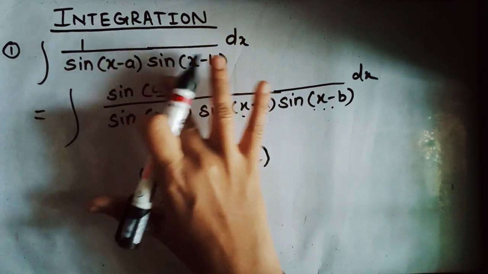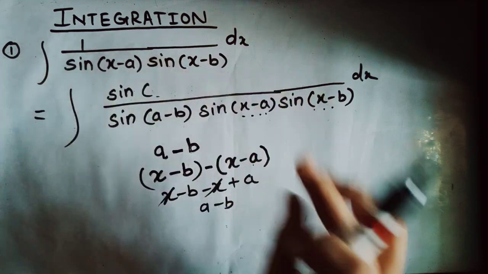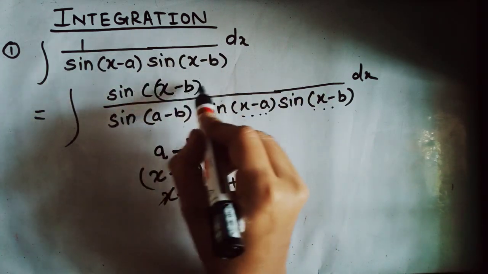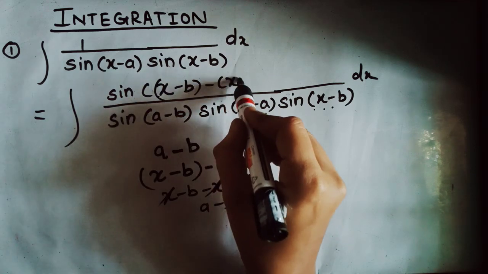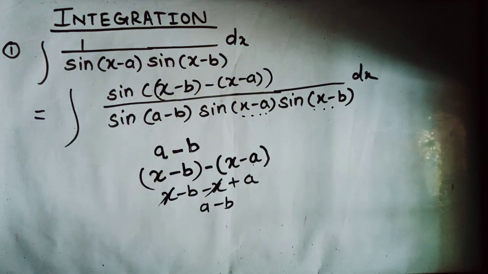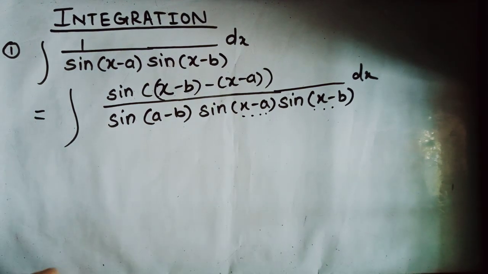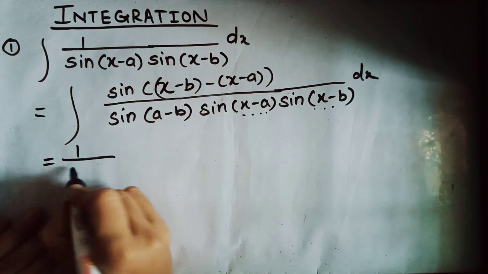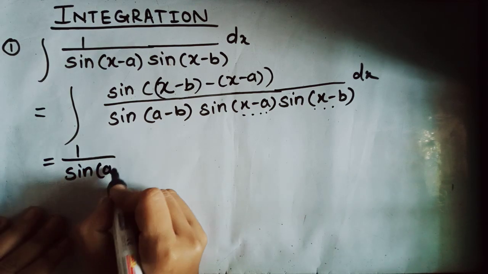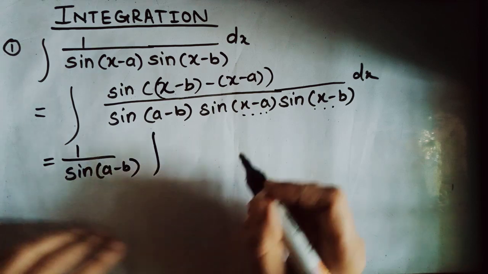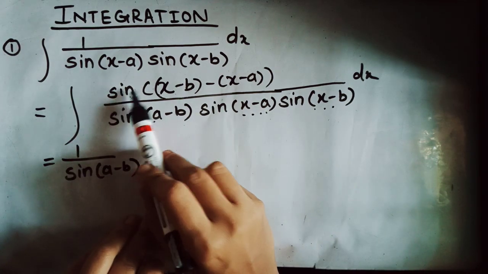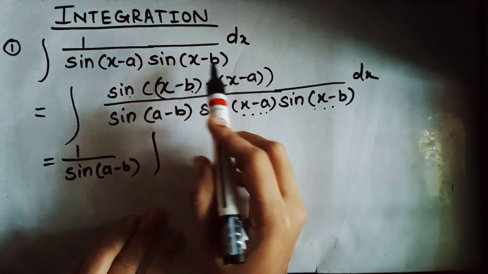So a minus b I can write as (x minus b) minus (x minus a). Now it's easy. So take this sin(a minus b) outside because it is a constant, and you have to integrate this term. So you have to expand this sin((x minus b) minus (x minus a)).